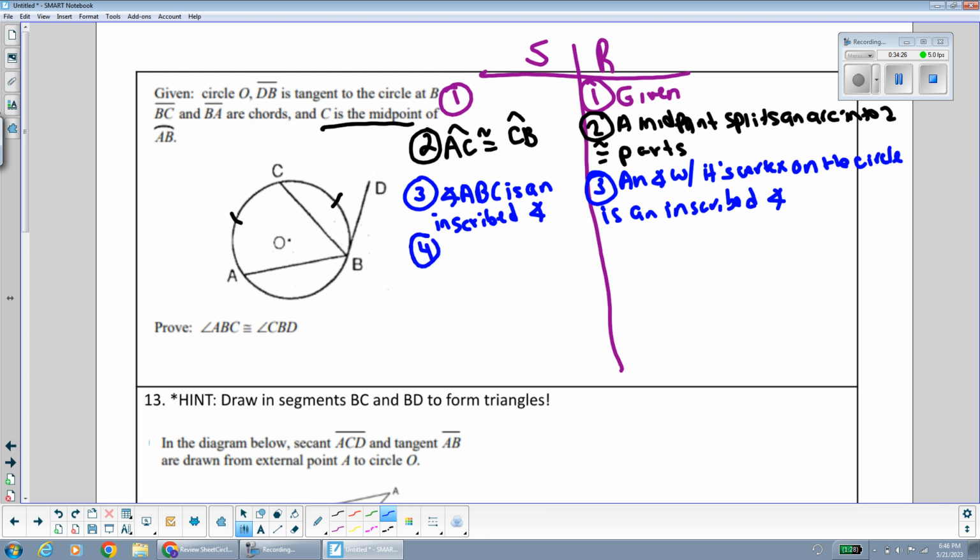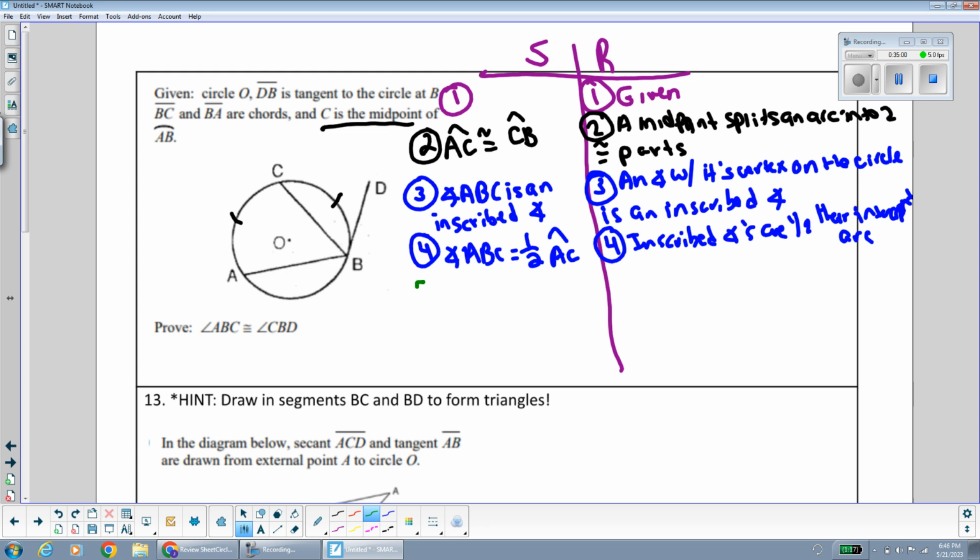So then I know that this angle ABC is half of its intercepted arc AC. And the reason for that is inscribed angles are half their intercepted arc.